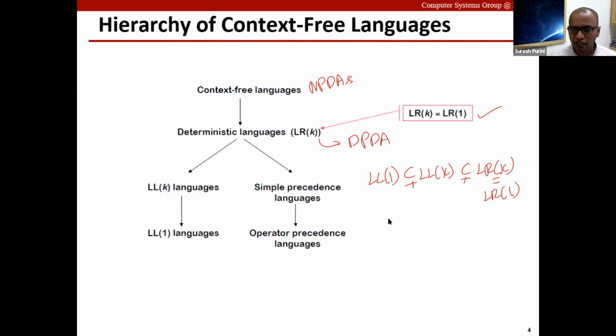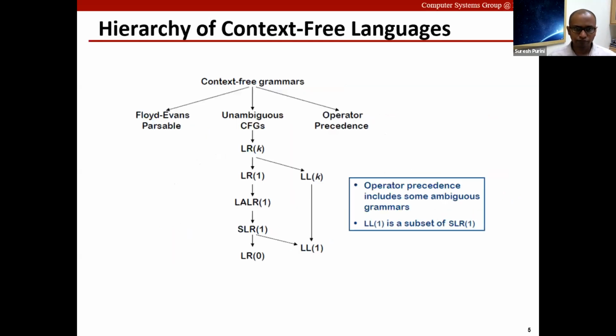So this is the general picture. Later on, maybe in the next lecture or the lecture after that, we will also study what are called LALR1 parsers or LALR1 grammars, which are derived from LR1 grammars or LR1 parsers.